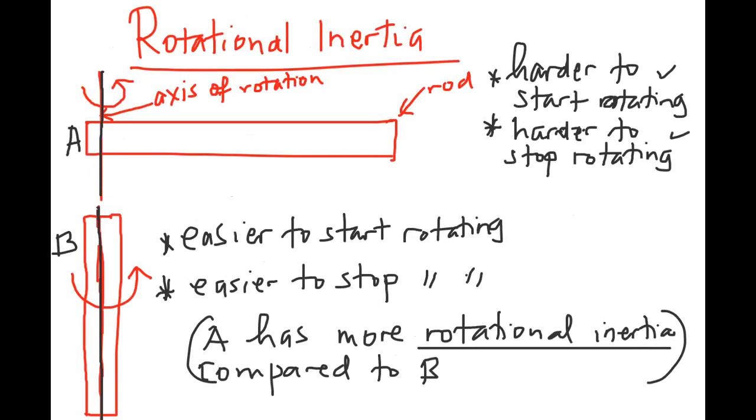In this case, rod A has a larger rotational inertia. It is harder to start rotating. It is harder to stop rotating. Rod B is easier to start rotating. It is also easier to stop rotating. Therefore, we can say that rod A has more rotational inertia compared to rod B.